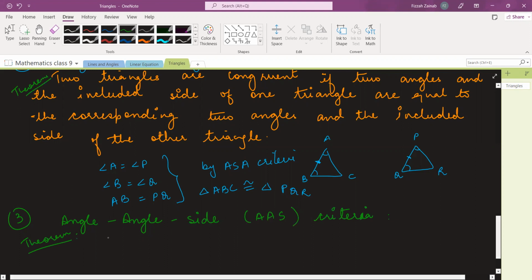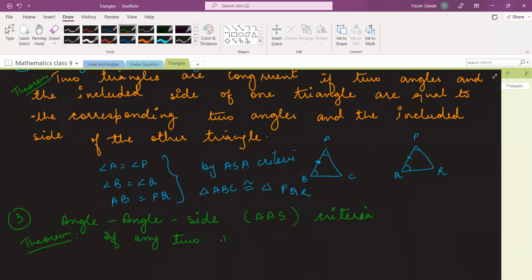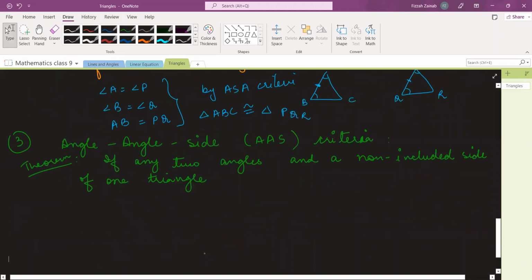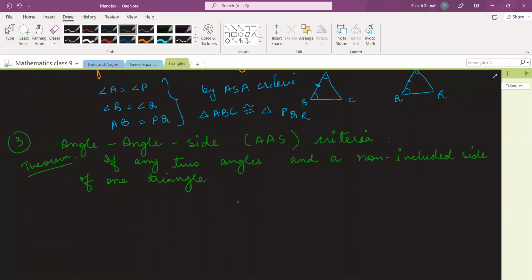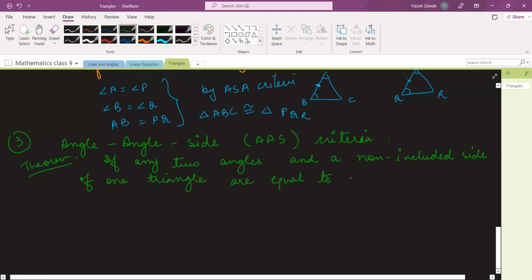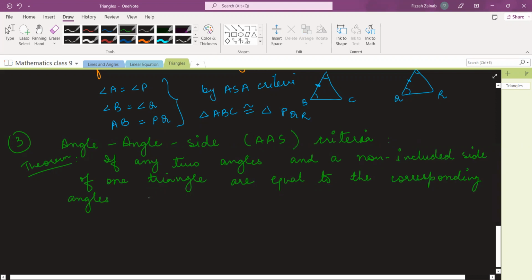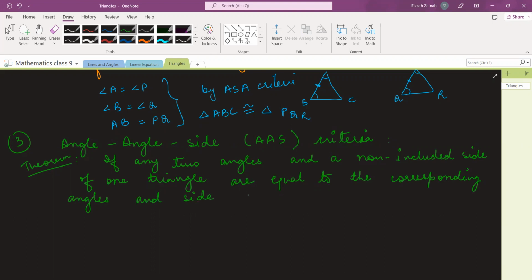If any two angles and a non-included side of one triangle are equal to the corresponding angles and side of another triangle, then the two triangles are congruent.